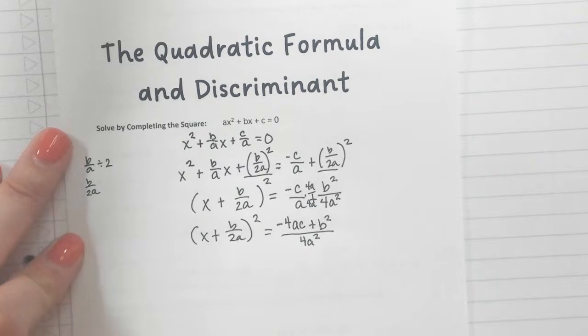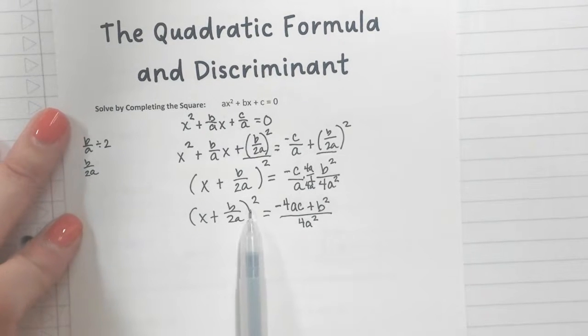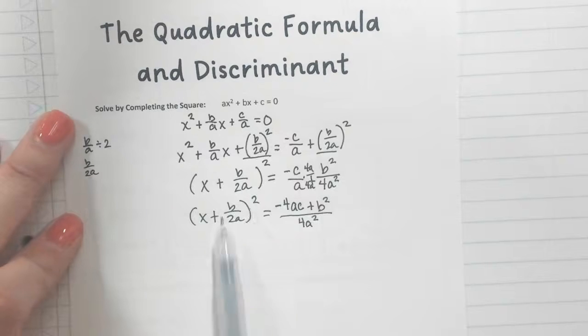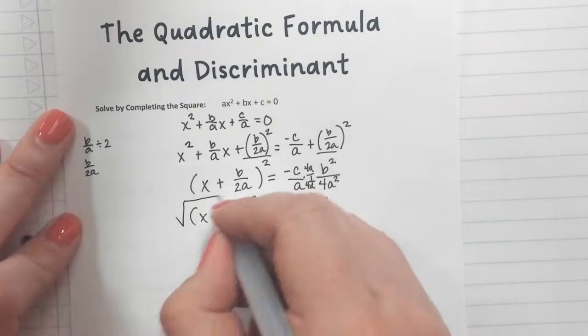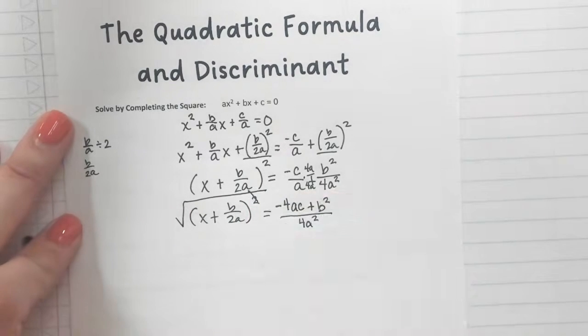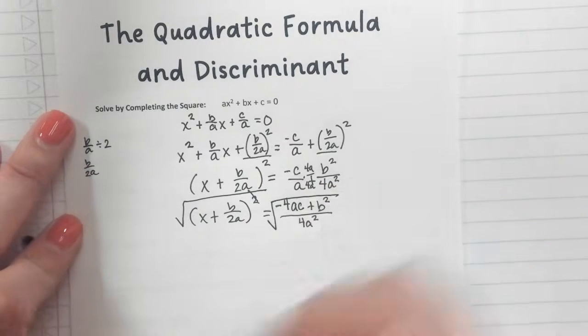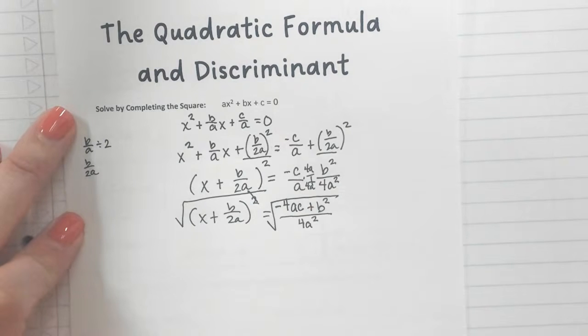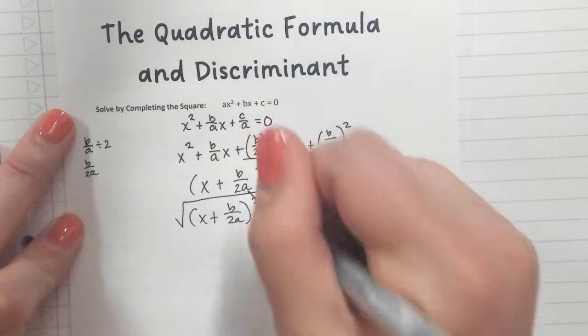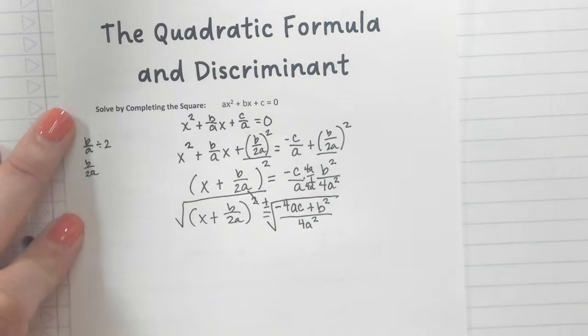Okay, all right. Now I can square root because I'm trying to get x, right? So I square root to undo the square, and then when I come over here, I square root the whole thing, but I have to make sure that I do the plus or minus square root, right?